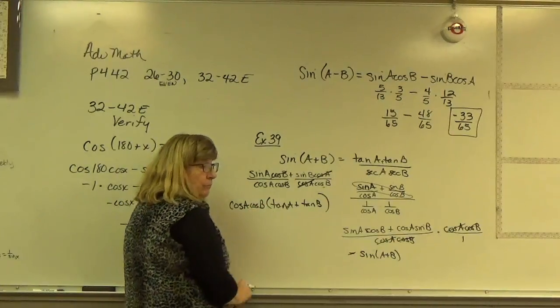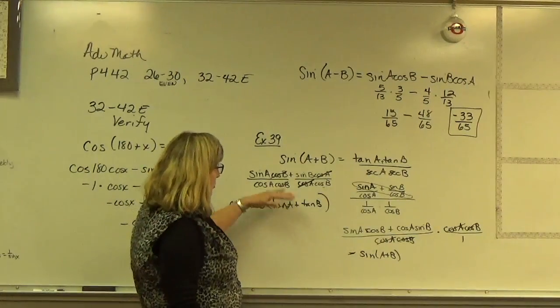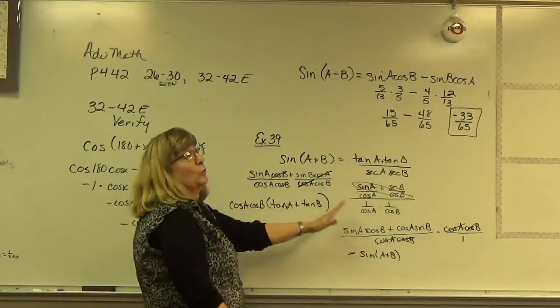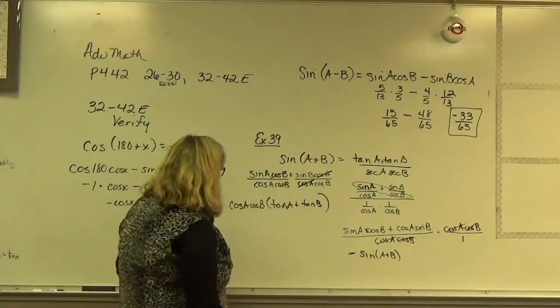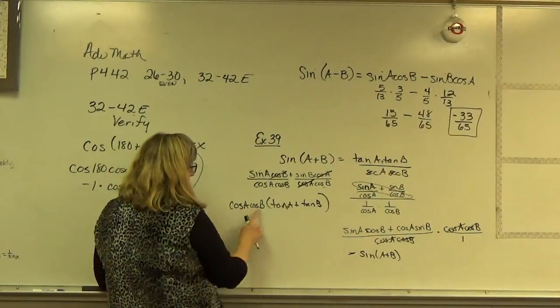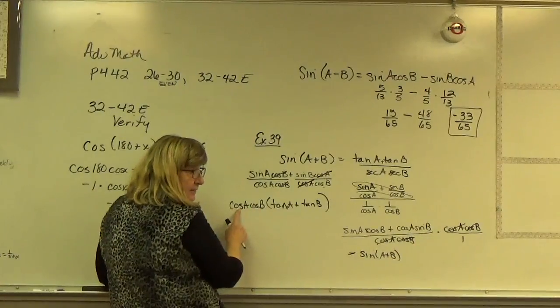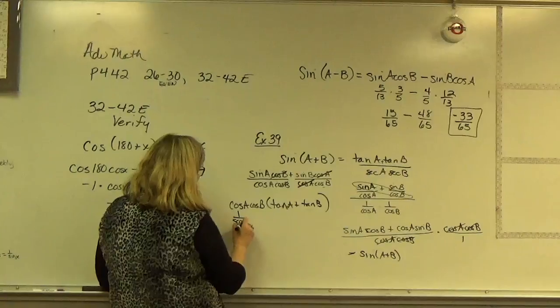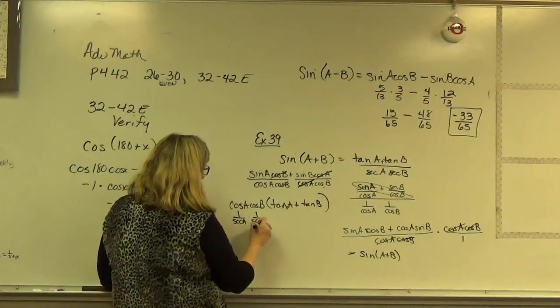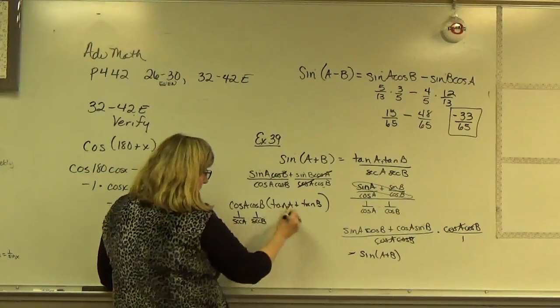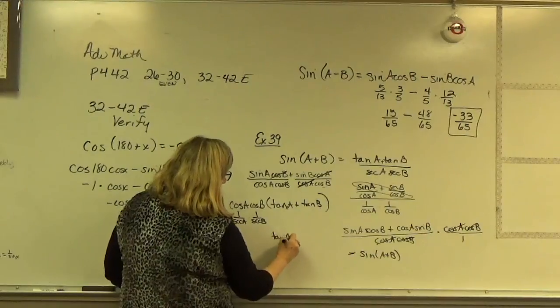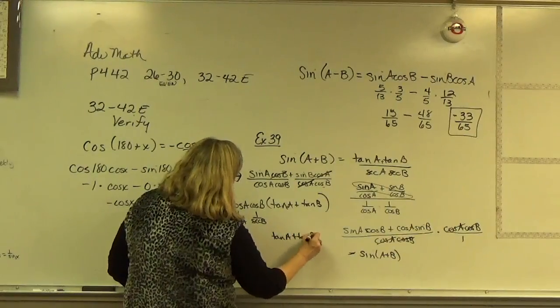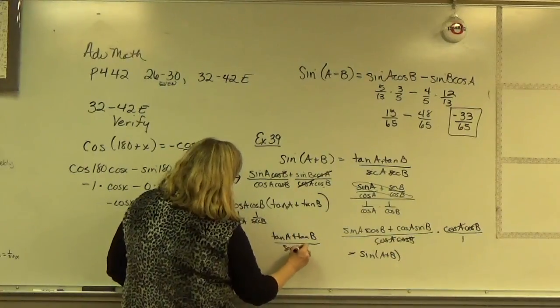In order to make it balanced, you divided, you gotta multiply, because you're staying on one side. Okay, so what can I do here? Can I make that secant? Isn't that 1 over secant of A and 1 over secant of B? Then it's tangent of A plus tangent of B over secant of A, secant of B.